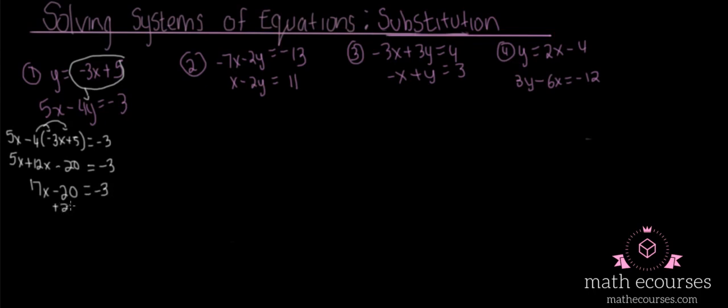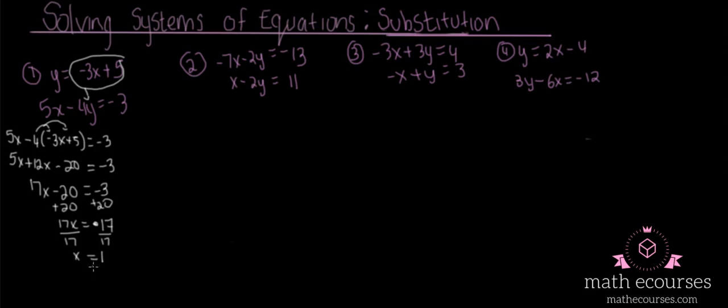Add 20 to both sides to get 17x equals, no, that's a positive 17. Divide by 17. So I'm getting x is 1.